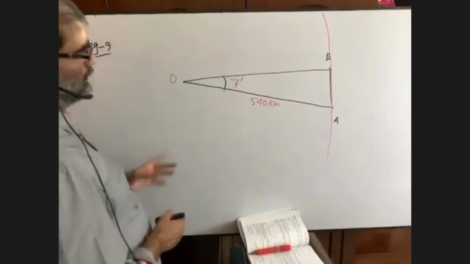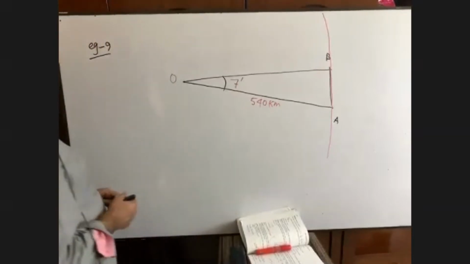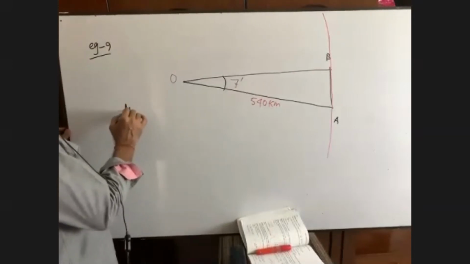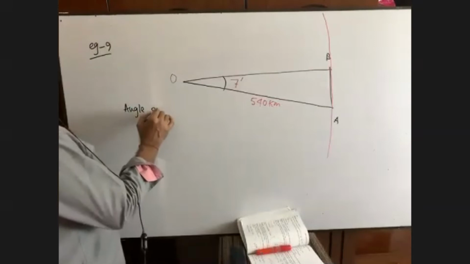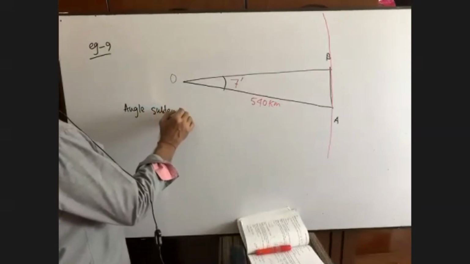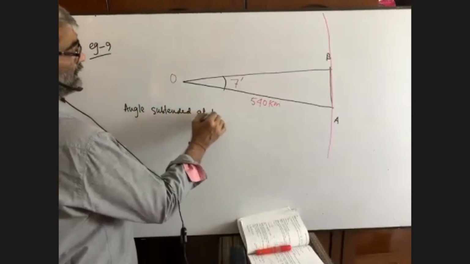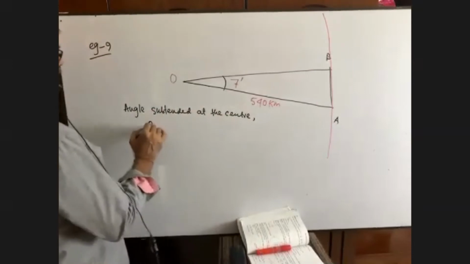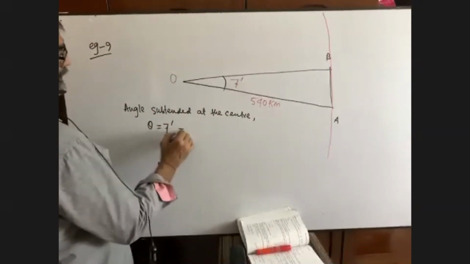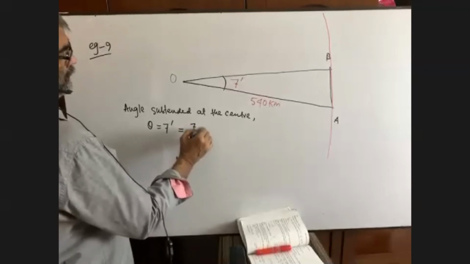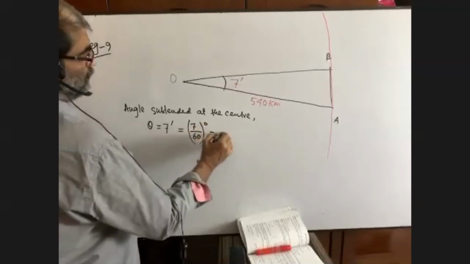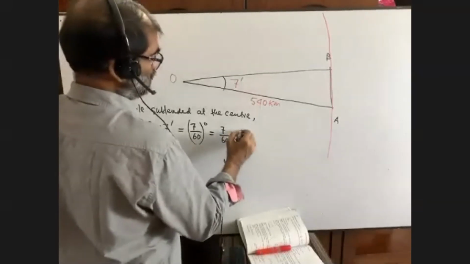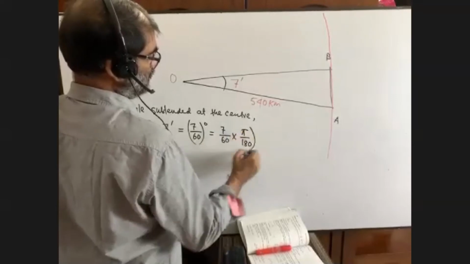Okay. Now, can you please let me know what is theta here? Theta equals what? Angle, you have to write down angle subtended at the center, comma, theta equals 7 minutes. 7 minutes equals 7 by 60 degrees. 1 degree equals what? 1 degree equals pi by 180 radian.